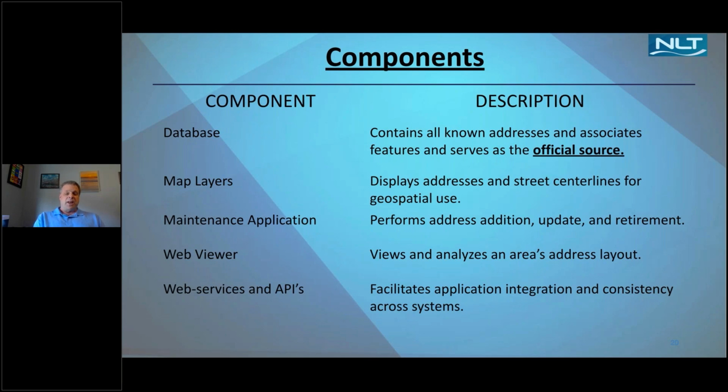There's also a maintenance application. When an organization builds an official repository of addresses, there has to be a way for the organization to update the addresses and keep the reference address database up to date, so it doesn't age and then all of a sudden require another project to update it from a particular timestamp.